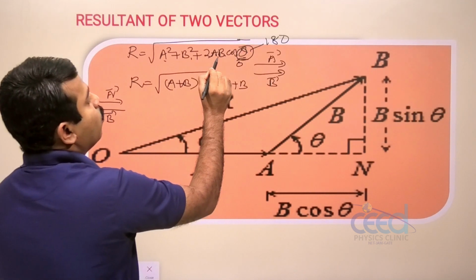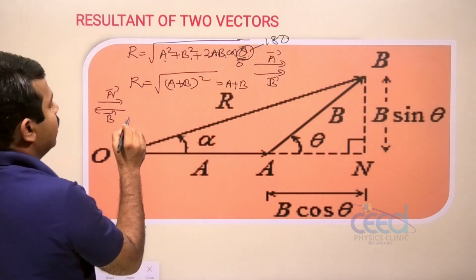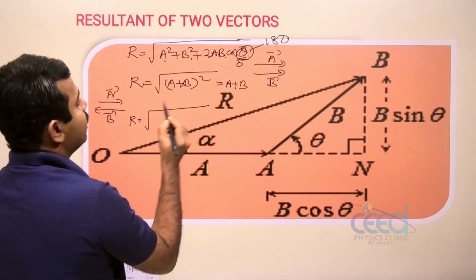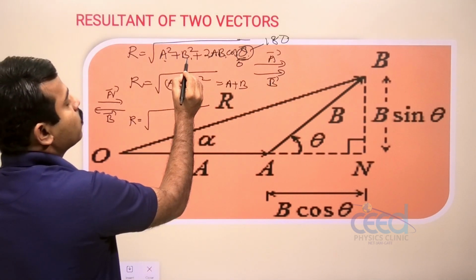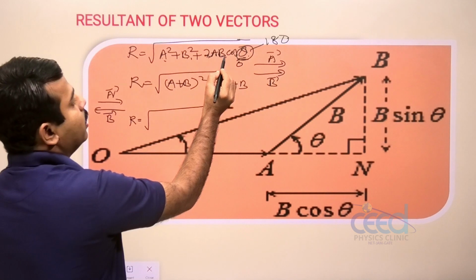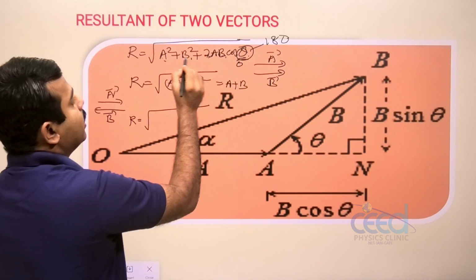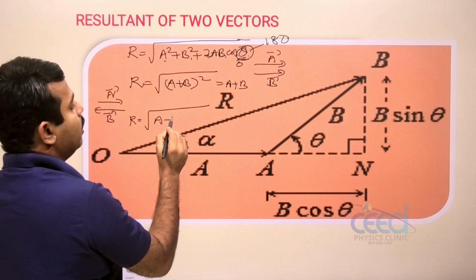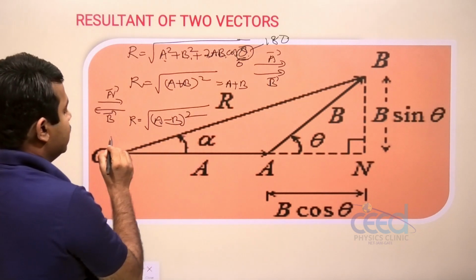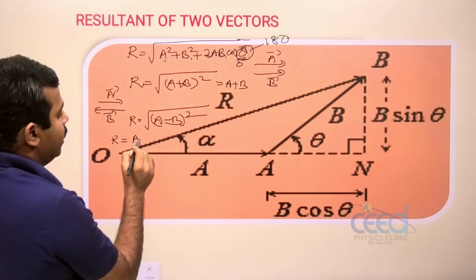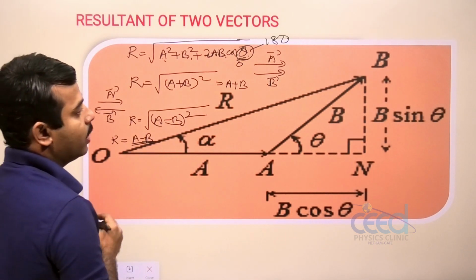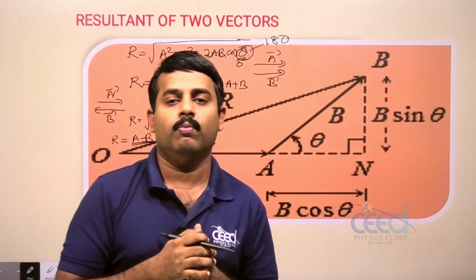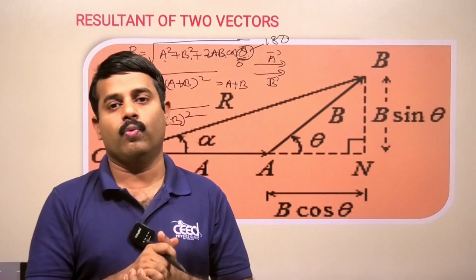Cos 180 is minus 1. Then the resultant will be A square plus B square plus 2AB into minus 1, that is (A minus B) the whole square. Then the resultant is A minus B. So this kind of calculation is possible using the resultant of two vectors.